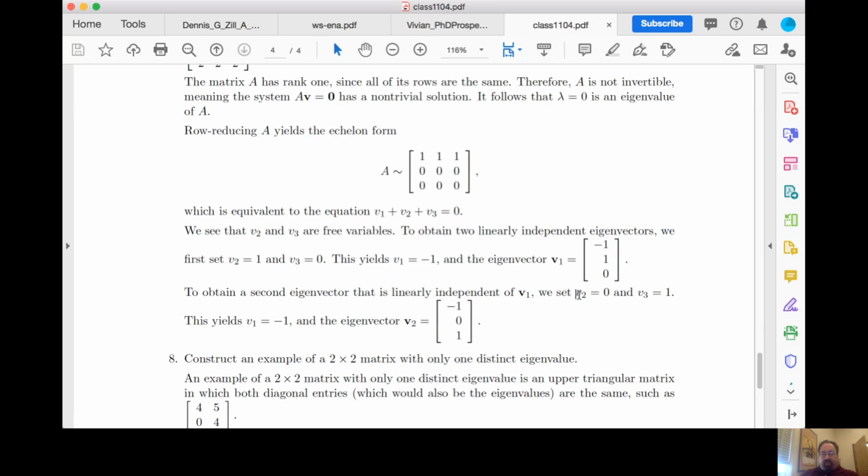And I substitute both of these values into this equation again. And again, I get v1 equal to -1, so that is my other eigenvector. These 2 eigenvectors are not scalar multiples of one another. So these are 2 linearly independent eigenvectors of A, corresponding to the eigenvalue of 0. So these actually describe the null space of A.